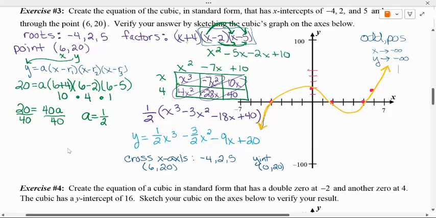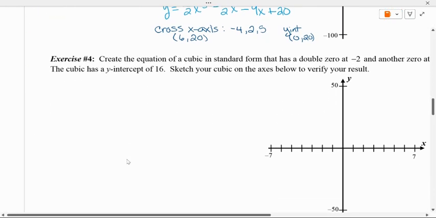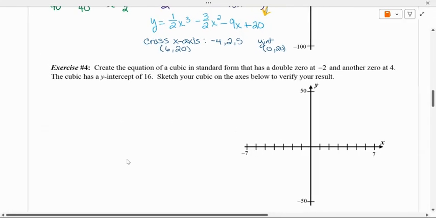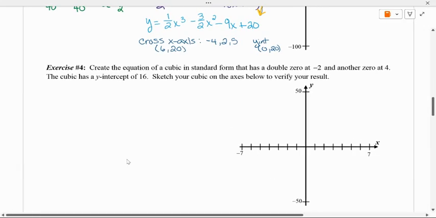Alrighty, let's look at example number 4. Create the equation of a cubic in standard form that has a double zero at -2. So when I think about my x-intercepts, and I have a double zero, or sometimes it's written as multiplicity.